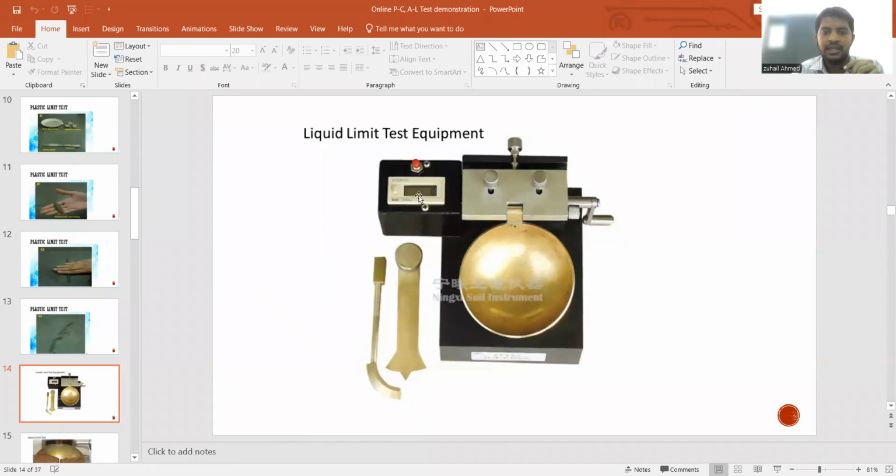Then this is the liquid limit test apparatus. You can count the number of blows when you apply the rotations. It should be 2 revolutions per second.